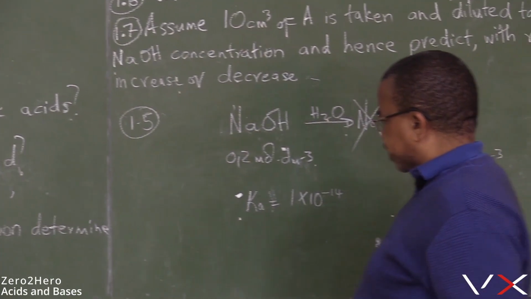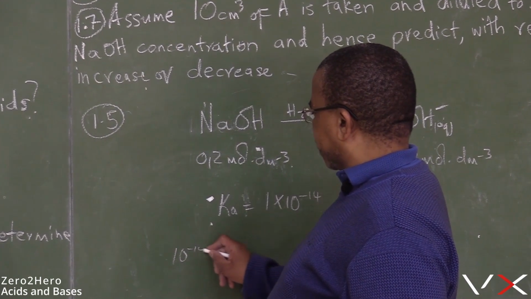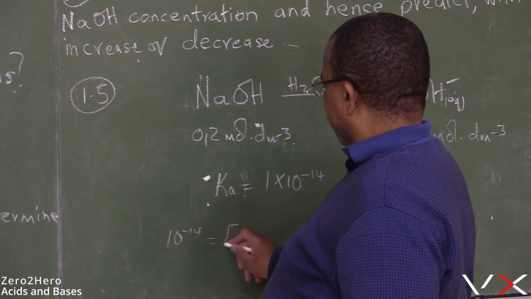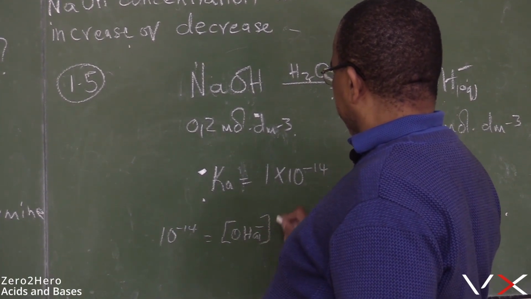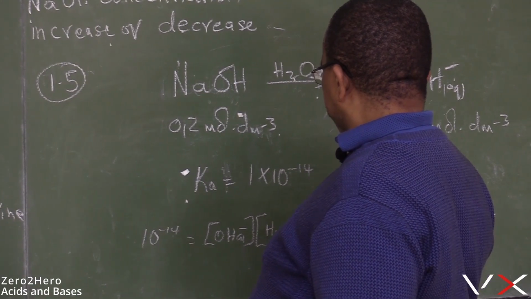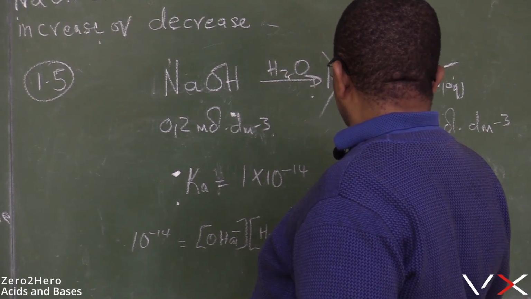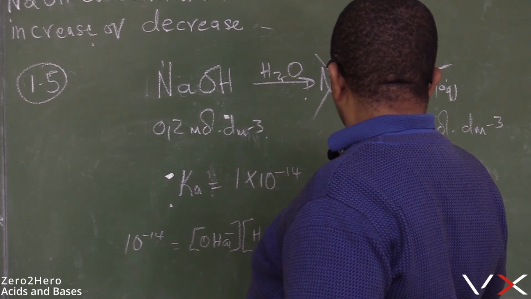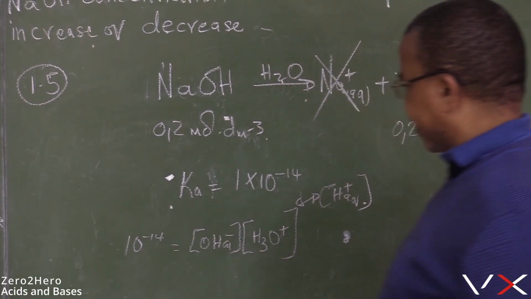So 10 to the power minus 14 is equal to the concentration of OH minus times the concentration of hydronium ion, or it can be H plus aqueous. You can use that or that one.